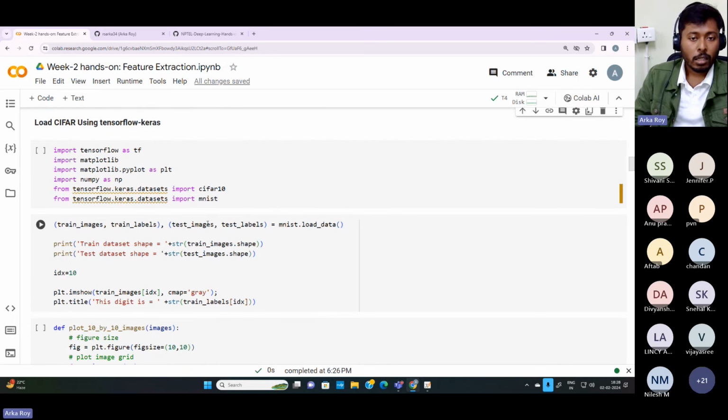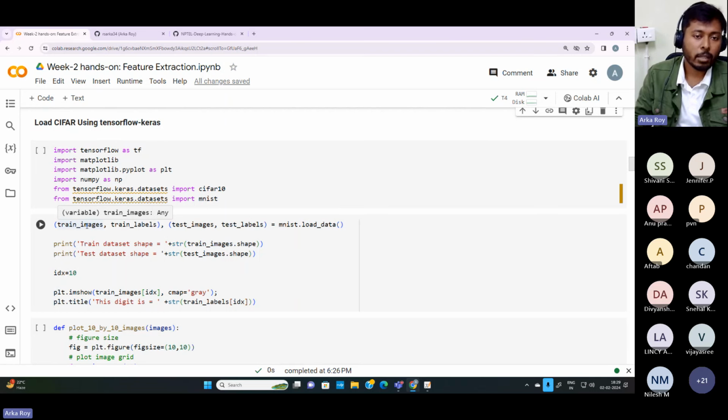In case of TensorFlow and Keras, they store the whole dataset in a particular form. They have folders like training images and their corresponding labels. That means if the image is 0, they have annotated the image label as 0. If the image is of 1, they have annotated it as 1. Similarly, in case of CIFAR-10, if the image is a frog, the label will be frog.